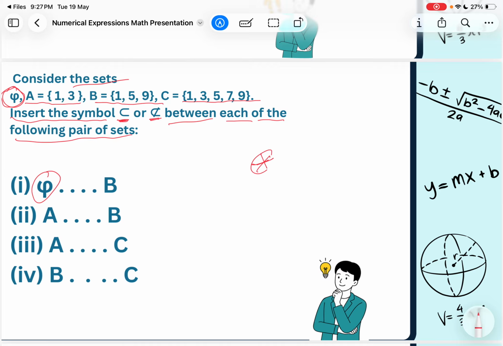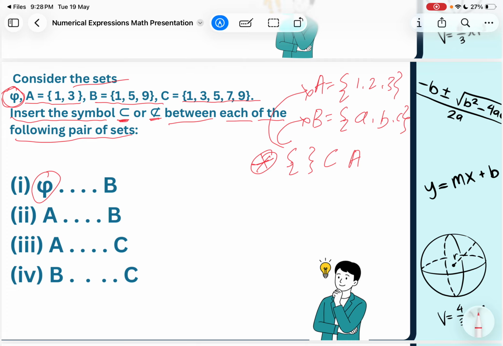We have to note that the empty set is a subset of any set. If you have a set A equal to {1, 2, 3} or a set B equal to {a, b, c}, the empty set is a subset of this and also of this.